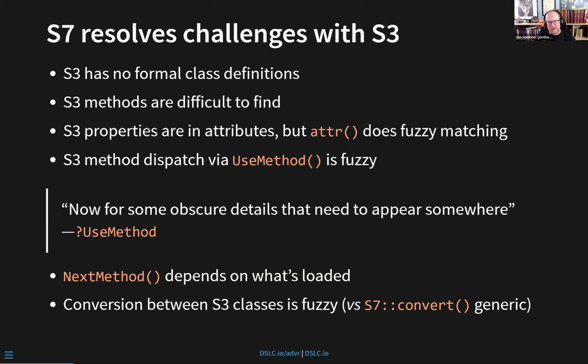S3 properties are in attributes, and the attr function does fuzzy matching, which I probably knew but hadn't thought about. And so that means that if you have two similarly named properties of an S3 object, you can accidentally get the wrong one and it doesn't give you any errors.